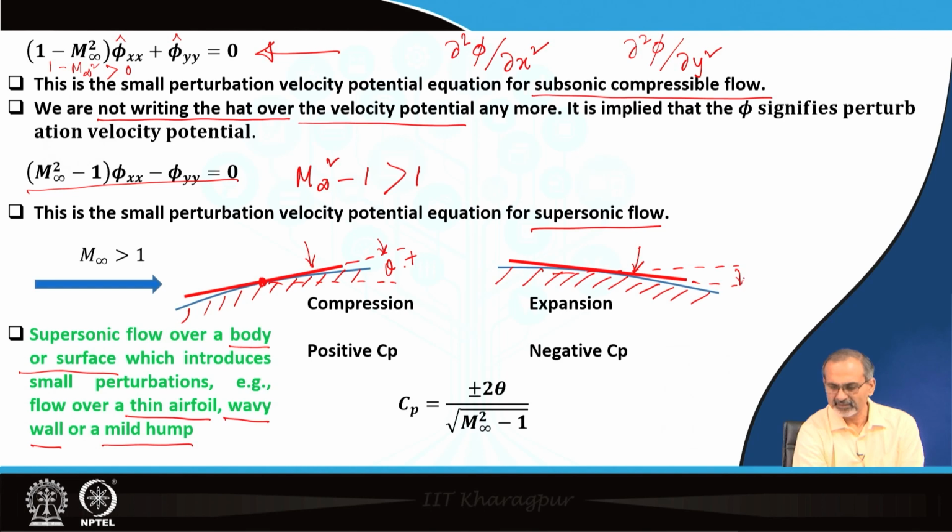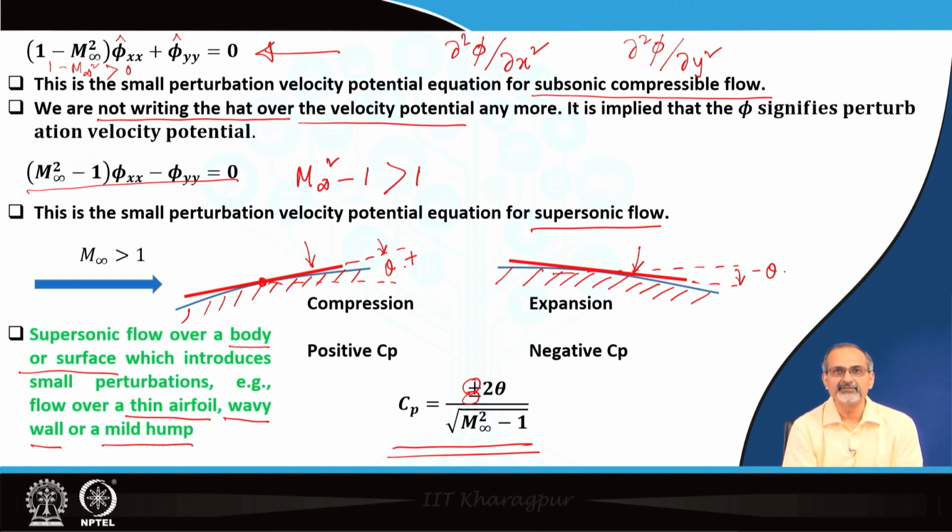it will turn out to be a negative value, and therefore, you have a Cp expression based on the local surface inclination in terms of that theta, whether it is a positive or a negative value based on compression or expansion that it is producing based on its slope value.